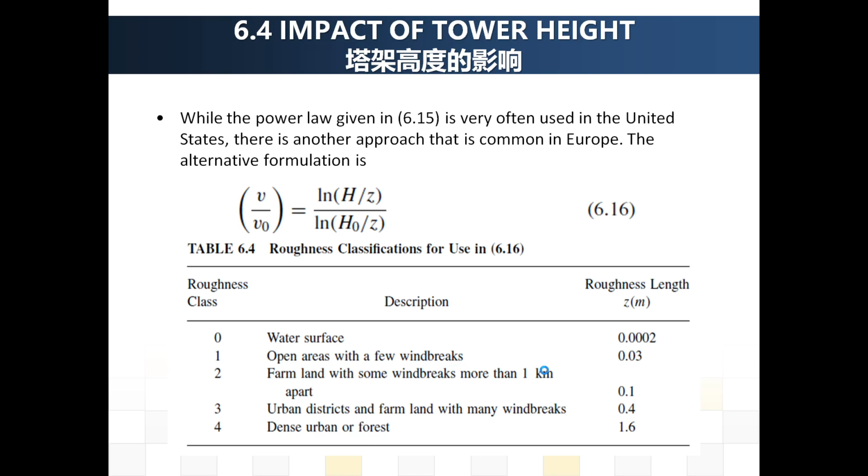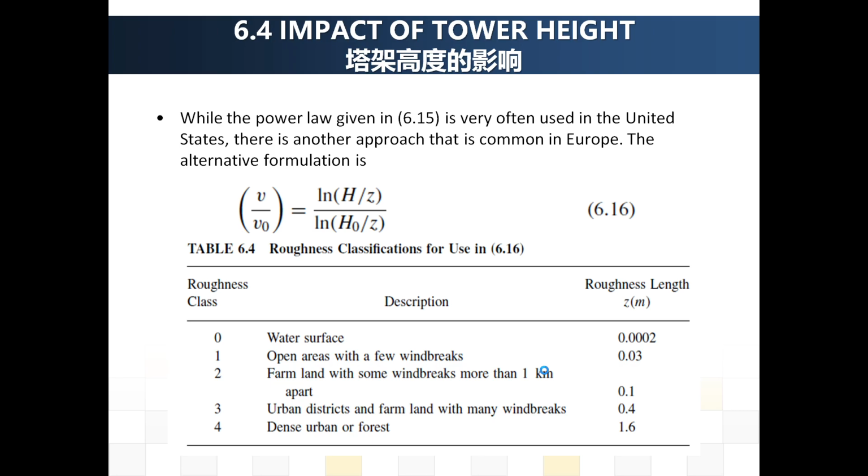When the roughness class is water surface, the roughness length z is equal to 0.0002. When the roughness class is open areas with a few windbreaks, the roughness length z is equal to 0.03. If roughness class is a farmland with some windbreaks more than 1 kilometer apart, the roughness length z is equal to 0.1.